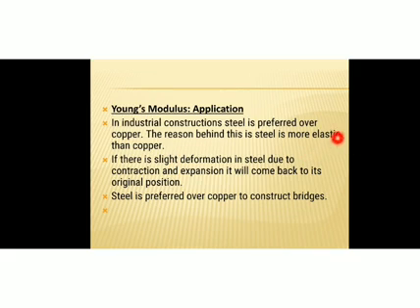And if there is slight deformation in steel due to contraction and expansion, it will come back to its original position. That is also elasticity. So steel is preferred over copper to construct bridges.